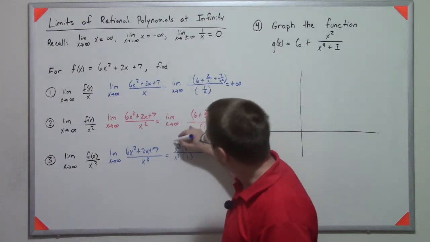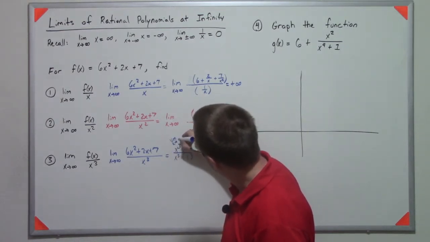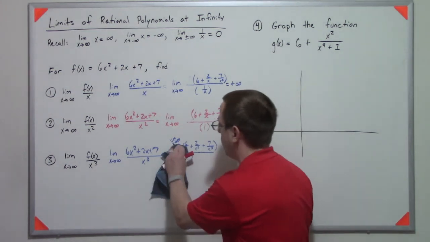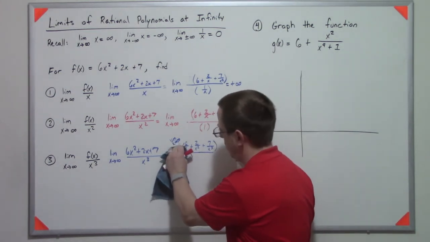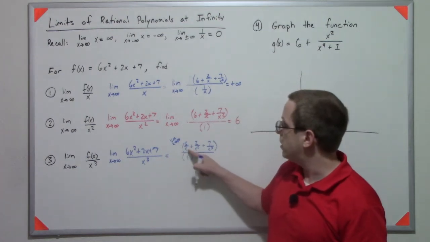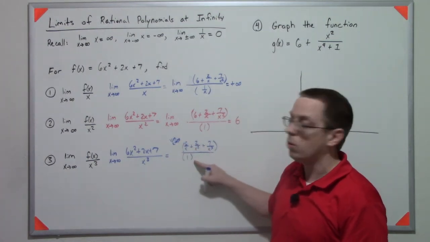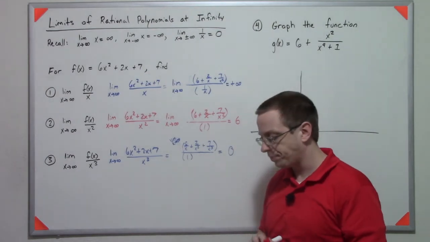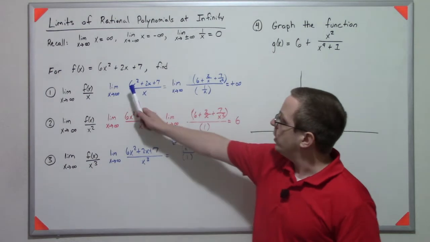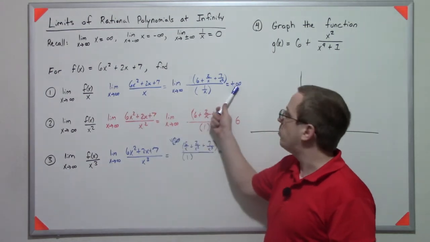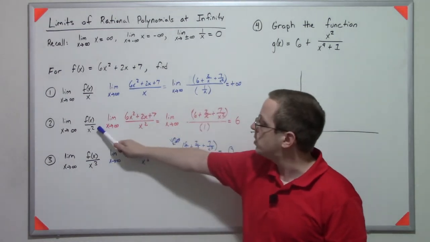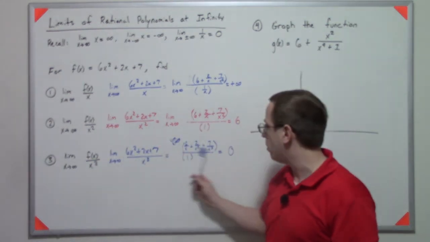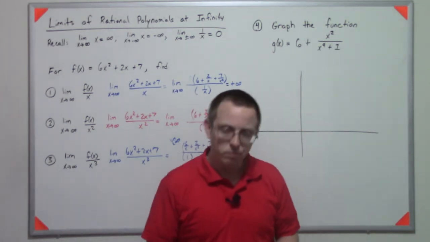Sorry, there's a limit as x goes to infinity here. Since these terms are going to vanish, you're going to have 0, 0, 0 over 1. So that tells me my limit is 0. So when the degree was larger on top, it went to positive infinity. When the degree was the same, it went to a finite number. When the degree was larger on bottom, it went to 0.